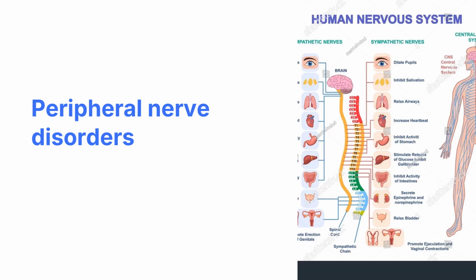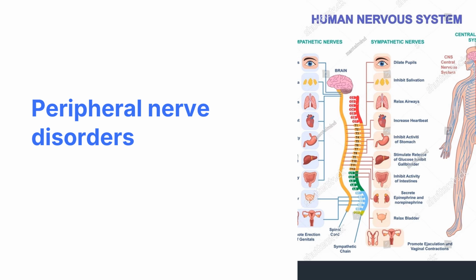Peripheral nerve disorders: consider that they are outside of the brain and outside of the spinal cord, and these are commonly occurring problems at peripheral nerves, due to trauma or due to diseases. So peripheral nerve disorders can be considered as peripheral nerve injuries, due to disease or anything.